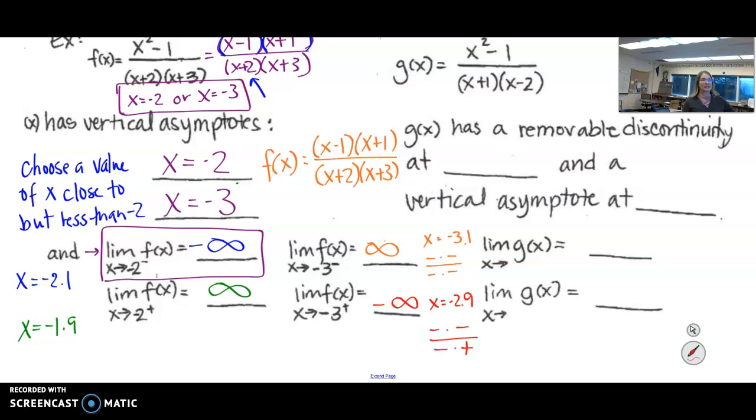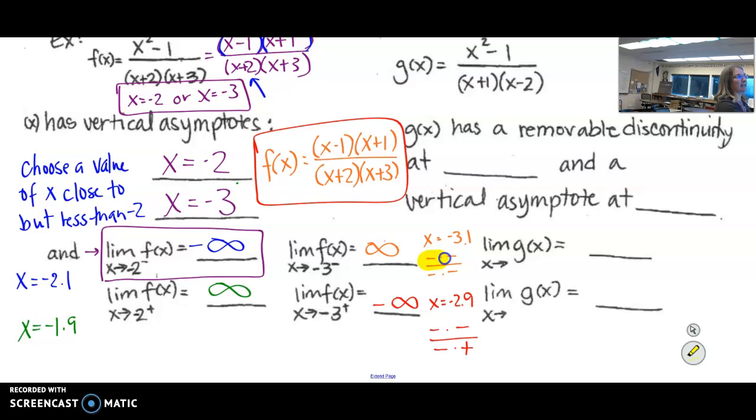So if you plug in -3.1 into f of x, all right, so when you plugged in -3.1, you end up with a negative.